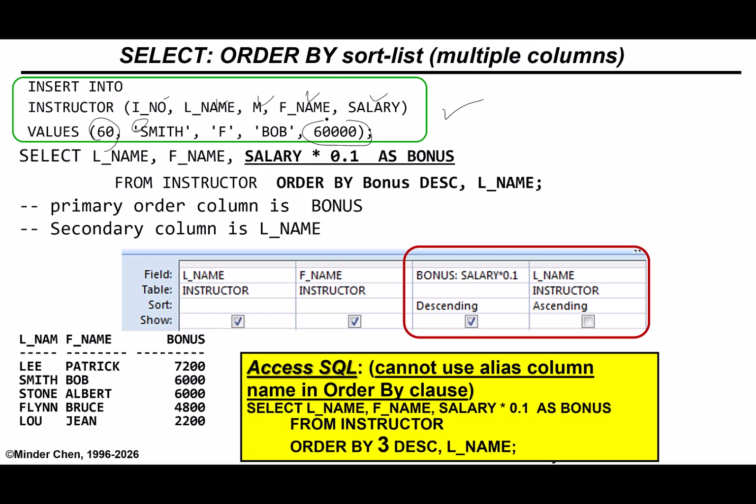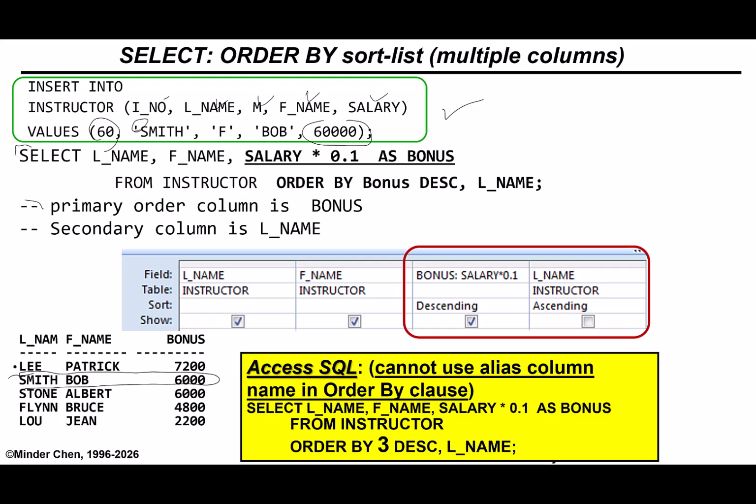And by the way, if you run this in MySQL Workbench, you're not going to see the result grid. They just say one row has been affected. Don't panic. Then you run the following select statement, and you will see Bob Smith showing up.